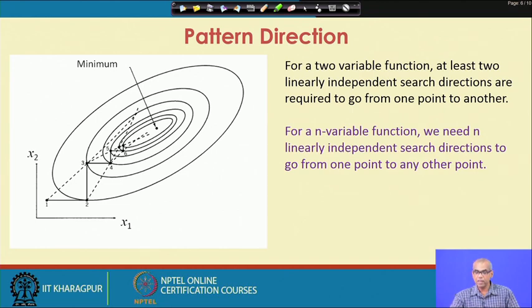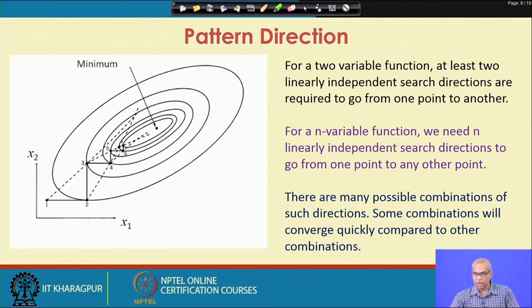For an n variable function, we need n linearly independent search directions to go from one point to another point. There are many possible combinations of such directions. Some combinations will converge quickly compared to other combinations.